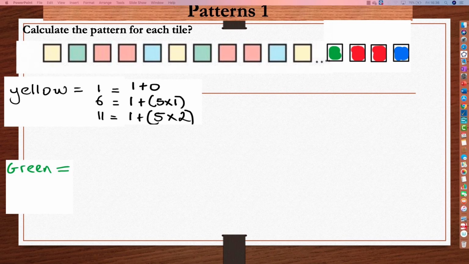It's very poorly put. So, this is green, and that's green. So what numbers are there? So this is number 2. This is number 7, and this is number 12, isn't it? So we have 2, 7, and 12. What do you reckon is the pattern for green?